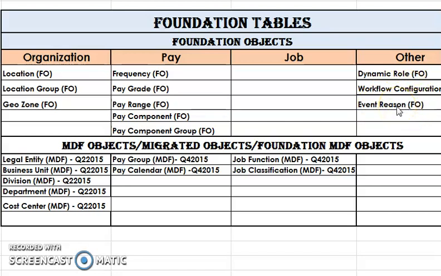Based on the different events during various transactions in the organization, we can create various regions. These 3 objects also belong to the foundation objects, where the configuration is done in the corporate data model and country specific data model, and the master data maintenance and testing can be done with the manage organization, pay and job structure. So that's about foundation objects and MDF objects.